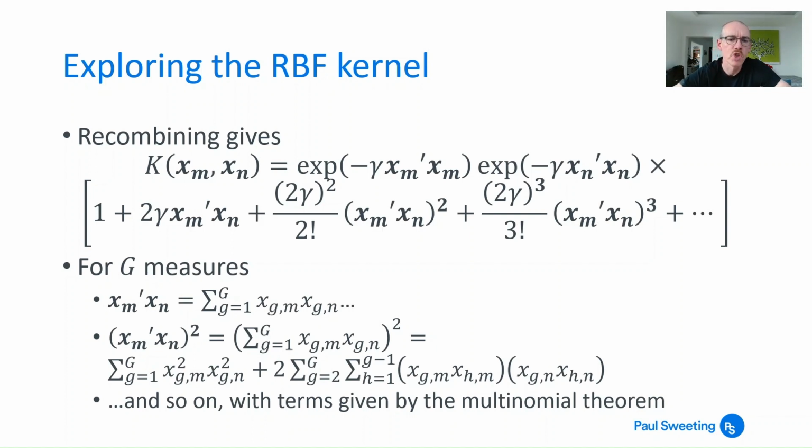And if you've got g measures that you're looking at, then xm transpose xn is equal to the sum over all g of xgm times xgn. (xm transpose xn) squared becomes the sum over all g of xgm xgn, all squared, which is equal to that summation, and so on. And in terms of the multinomial theorem.